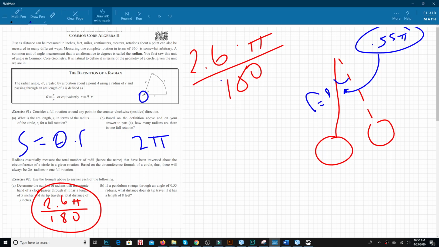So they want you to find S. S is going to equal theta times 8, right? But remember, I have to convert the radians back to an angle.